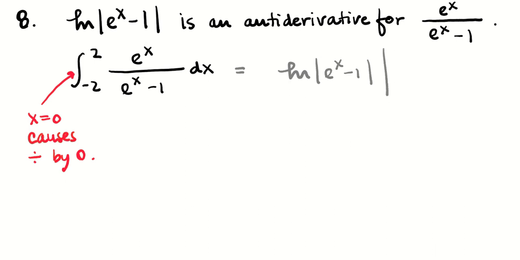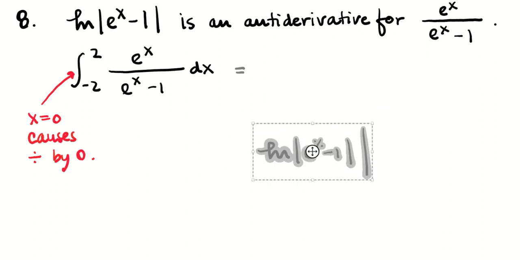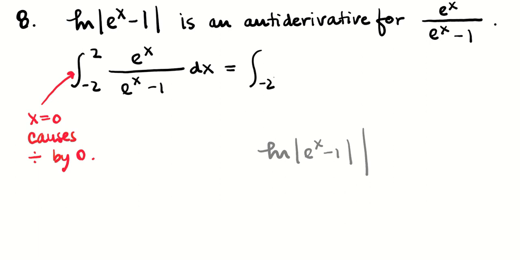X runs from, wait a second, because 0 is in the interior of my interval, I need to be splitting this up into 2 separate integrals. Negative 2 to 0 of this plus the integral from 0 to 2 of this.